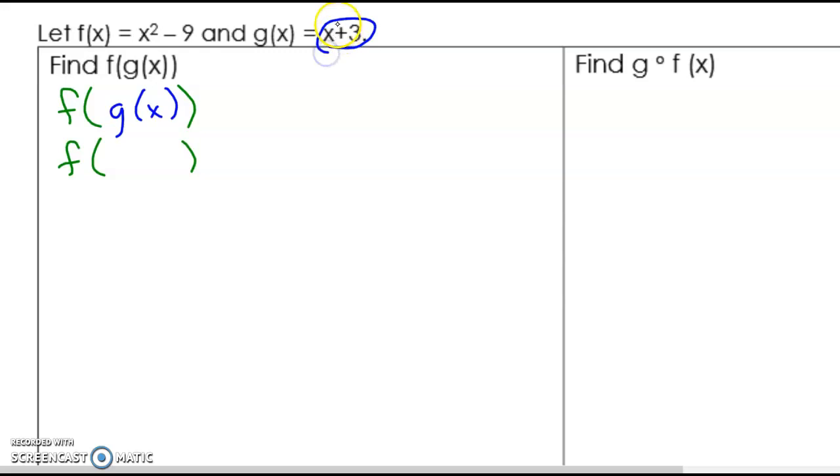So all of this will be going in for x. So we're finding f of x plus 3. So instead of filling in a number in the f equation, it's going to be filling in this expression. So x squared minus 9. So that's the f equation. And then I'm going to fill in x plus 3.